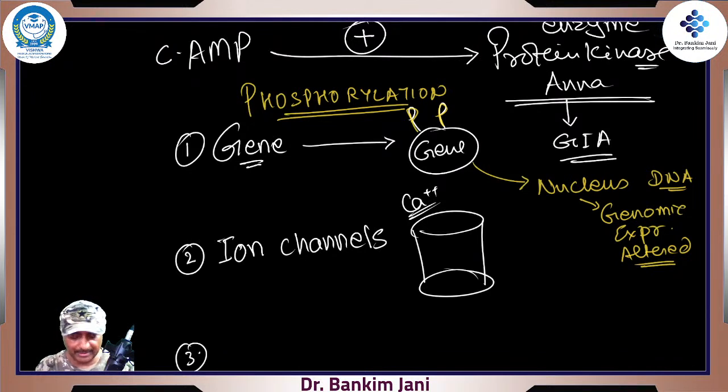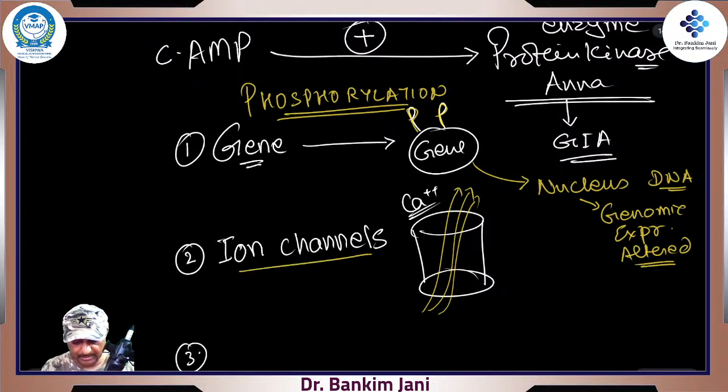Because of that phosphorylation, this channel will say, okay, let's start working, and the calciums will start passing through it. Again, an on-off switch. The ion channels go into the on state, so now the calcium starts moving.